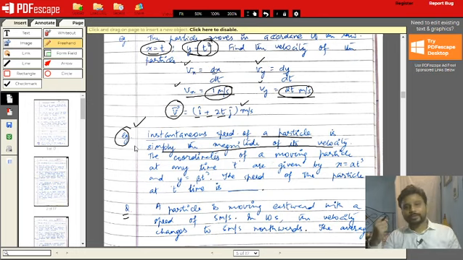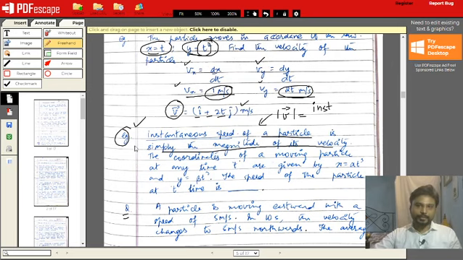The velocity vector is Vx i cap plus Vy j cap. So the magnitude of that velocity, whatever that velocity may be, would be the speed of the particle, or the instantaneous speed. So the expression for instantaneous speed is the velocity vector's magnitude.